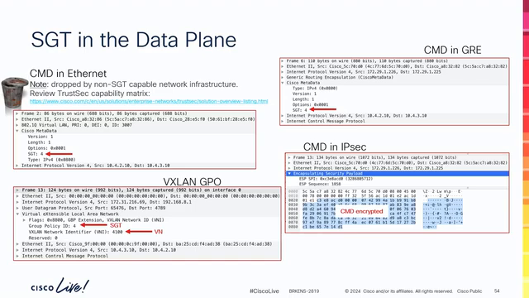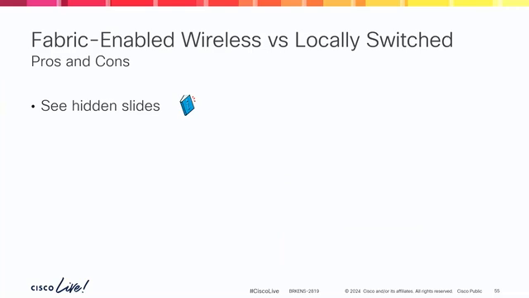CMD can also go on IPsec, so in other words, SGT can also go inside IPsec. It is there. Obviously, I've sniffed an IPsec tunnel, so you can't see it, but it is in the packet. I made sure it popped out the other end. So those are our options for moving SGT in the data plane, which is what we will do within an SD Access Fabric site. And you may do between sites depending on the specific conditions.